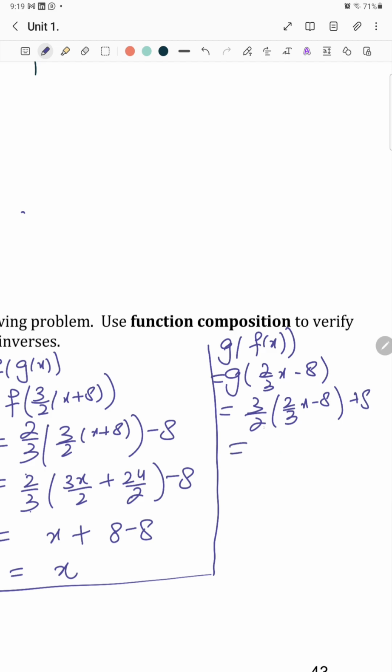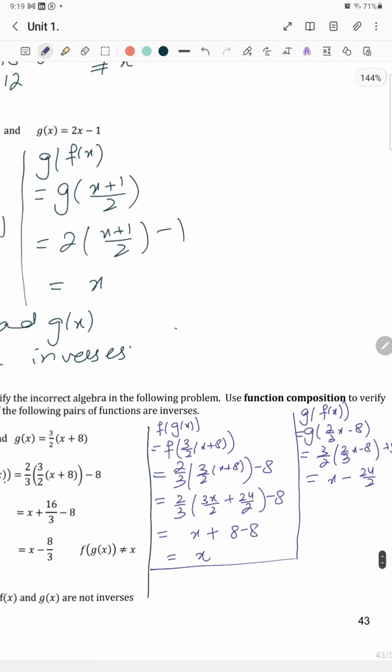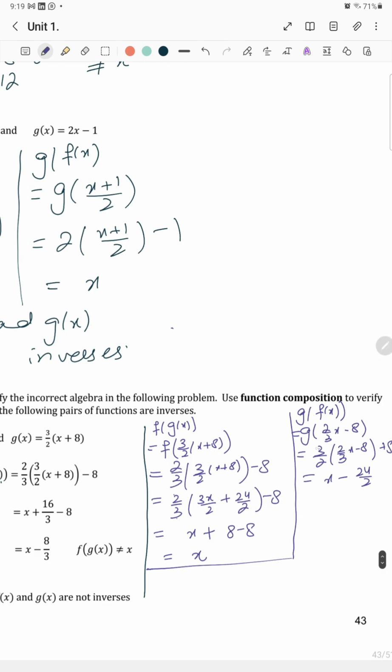So solving it, 3 by 2 x, 2 by 3 x minus 8, x plus 8.